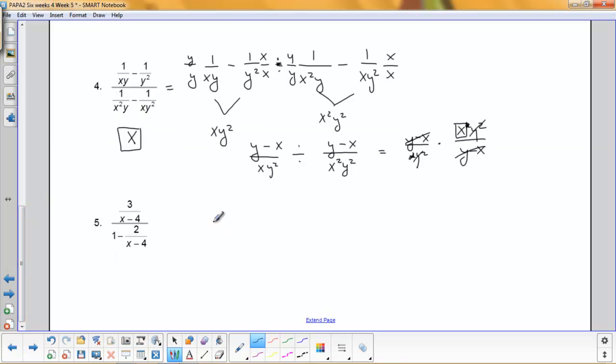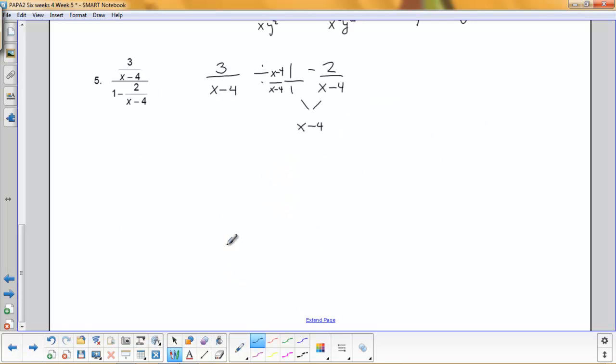Alright, question number 5. We have 3 divided by x minus 4, divided over 1 minus 2 over x minus 4. The common denominator here is going to be x minus 4. So that means that this guy needs the x minus 4 over x minus 4.